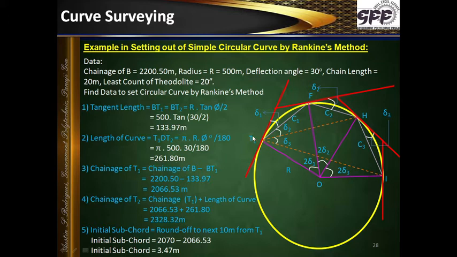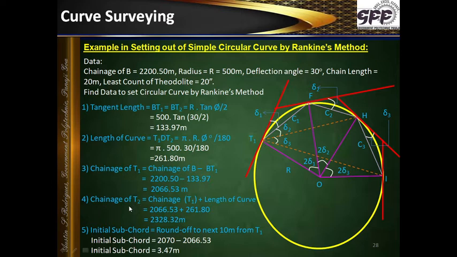So what is the chain edge of the point T1? Because this getting defined is very important. That will be chain edge of B, the intersection point, minus BT1. So 2200.50 minus 133.97 comes to 2066.53 meters. So from here, we work in reverse from the intersection point and then we will be getting the point T1 over there.